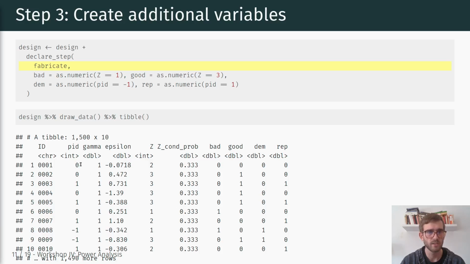Party identification being equal to 1 is equivalent to Republican. -1 is Democrat, and 0 is of course the reference category, so both Dem and Rep are equal to 0, and the same for the positive and negative treatment. 1 is equal to the negative treatment, 3 is equal to the positive treatment, 2 is equal to control, so both positive and negative treatment indicators are equal to 0.